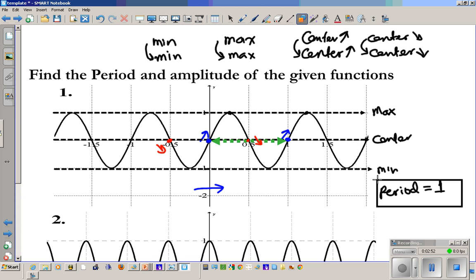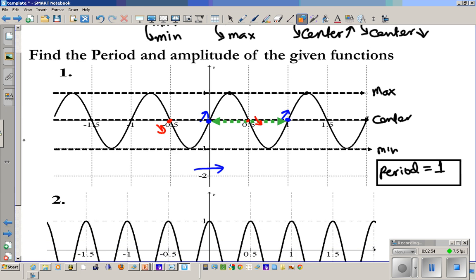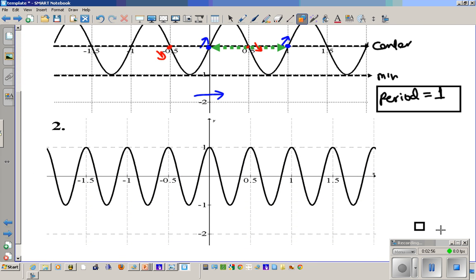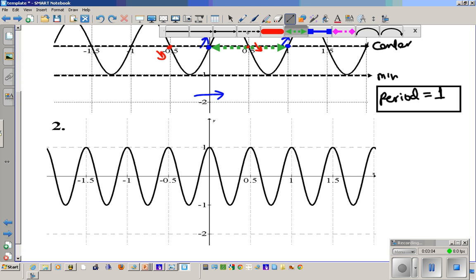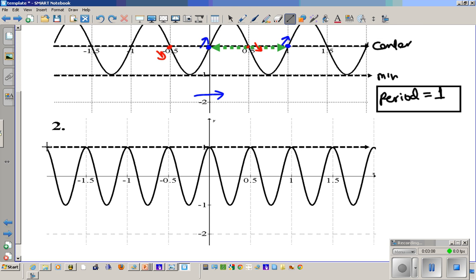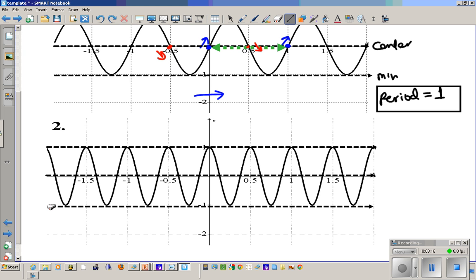Let's take a look at number 2. Let's find the period of this one. So remember the rules. Center going up to center going up, center going down to center going down, max to max, or min to min, okay? So this is our maximum, this is our center, and this is our minimum, okay?